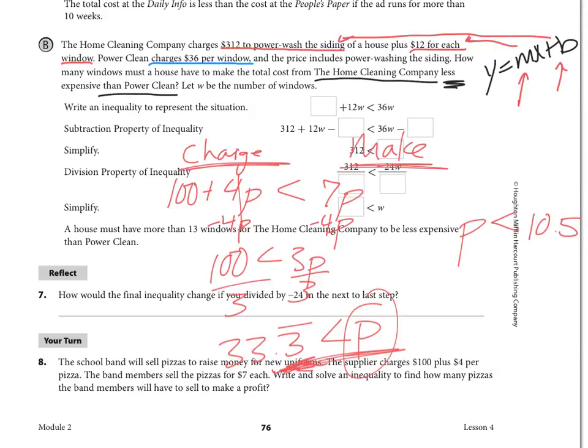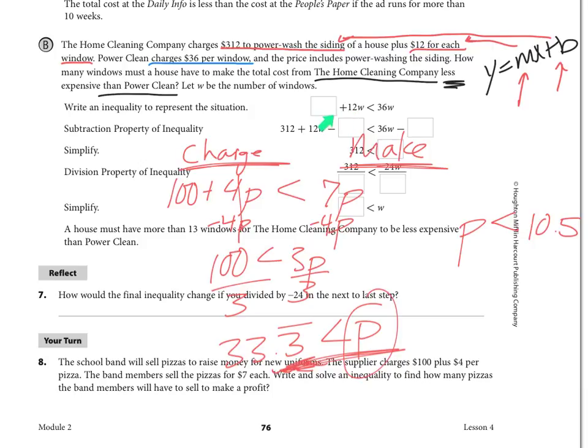So here's where our inequality comes in. They've written the inequality right here for us. They've just not filled in everything, so we're going to do that. So they want Home Clean, which is the left side of the inequality. So we pay $12 per window, but what else do we pay for the Home Clean?